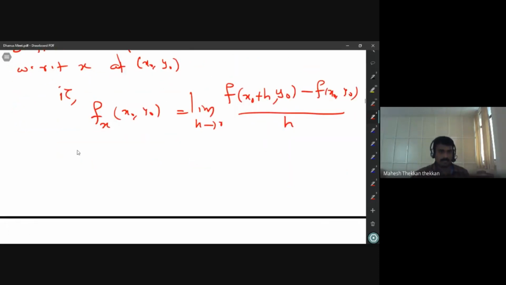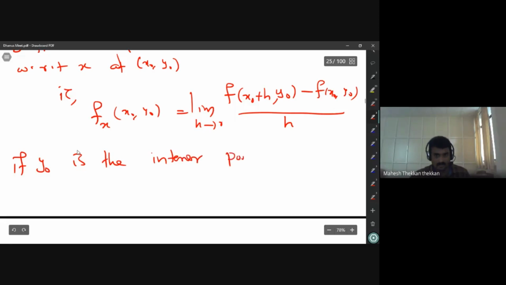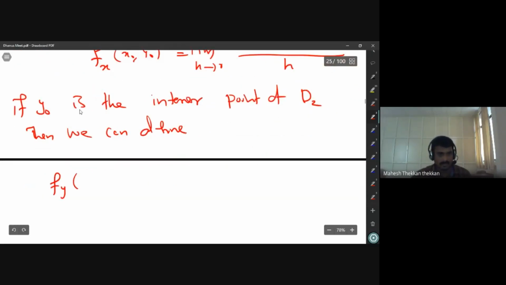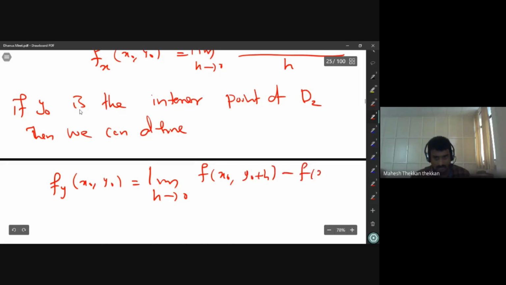And similarly, if y0 is an interior point of D2, then we can define fy at x0, y0, which is the limit as h tends to 0 of f of x0, y0 plus h minus f of x0, y0, divided by h.